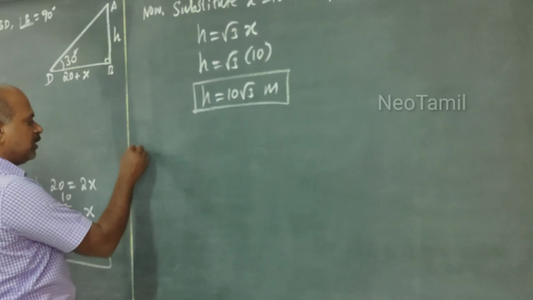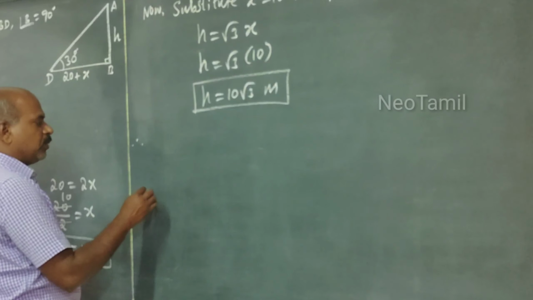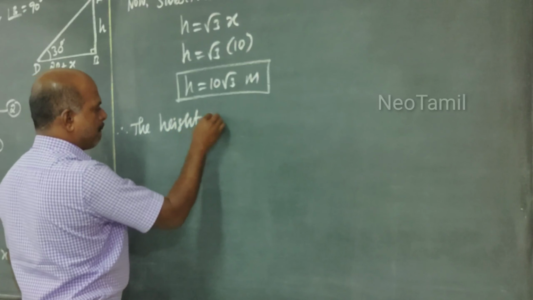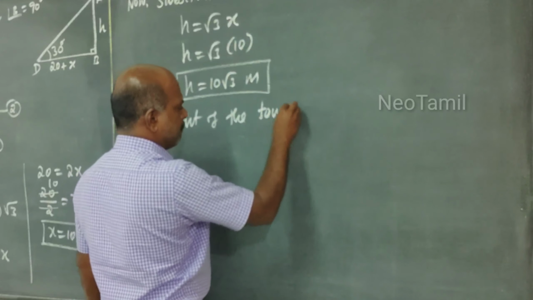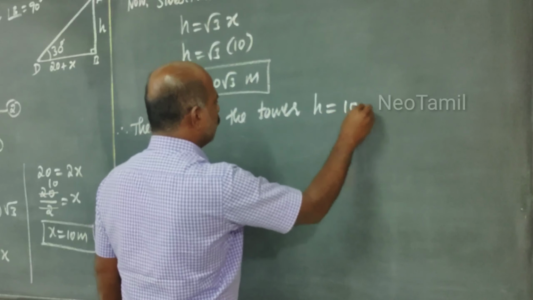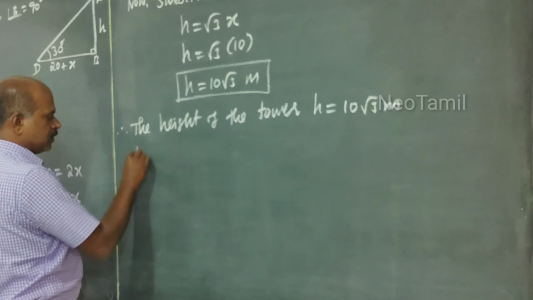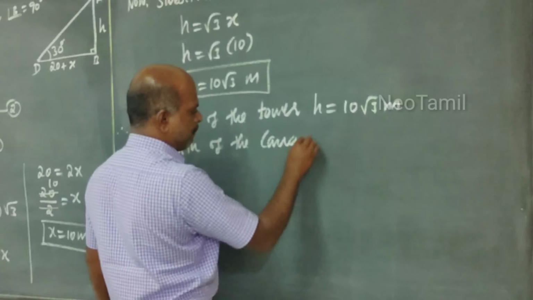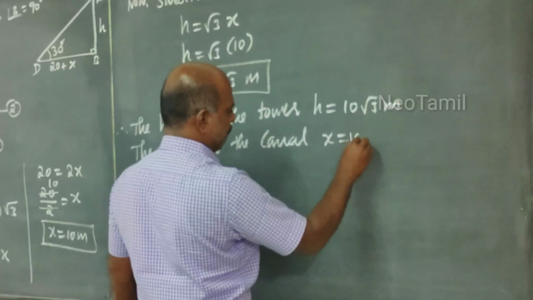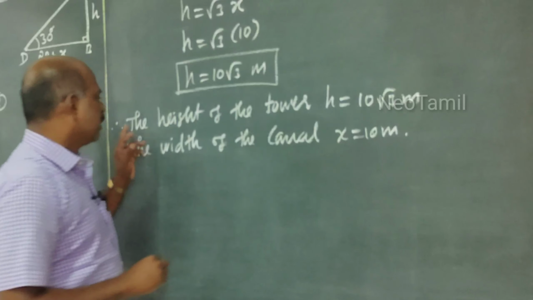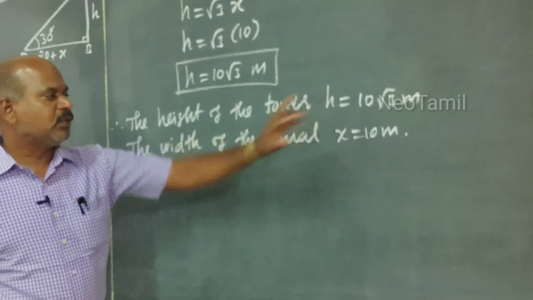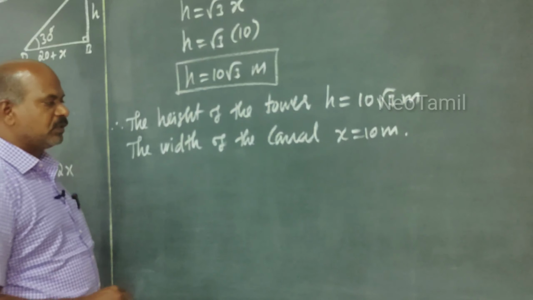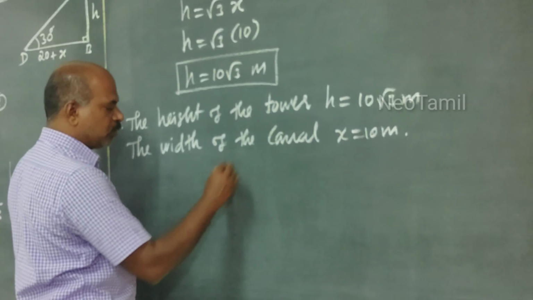So, to complete the problem with the conclusion: therefore, the height of the tower h is equal to 10 root 3 meters, the width of the canal x equal to 10 meters. So the question is completed.